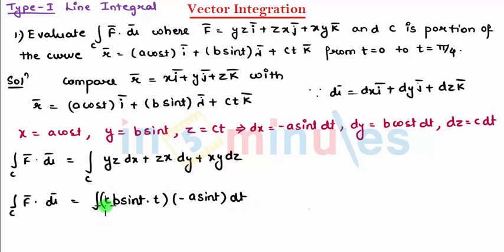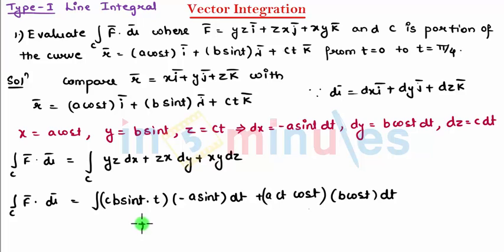After that, plus, when I substitute z, x and dy, z is ct, x is a cos t, and then I need to multiply by dy. So I got dy, that is b cos t dt.